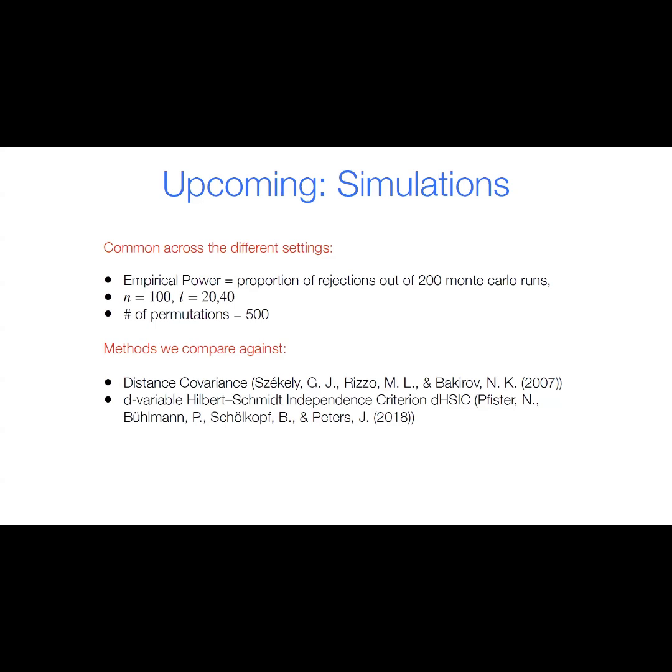The methods we compare against are the gold standards, like the very famous distance covariance, which characterizes independence using only distances, and the d-variable HSIC, which is also very popular in the kernel learning literature. Both of these are related, but they are the methods that one will apply as long as one has distances.